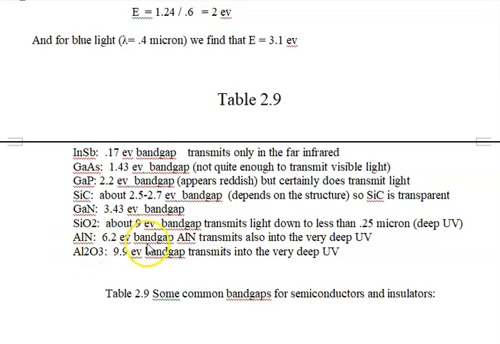Aluminum nitride, 6.2 eV, also is transparent for visible light and is transparent really into the deep UV. Al2O3, this is sapphire, aluminum oxide, 9.9 eV, which is actually higher than silicon dioxide, and it is transparent in the extreme UV.